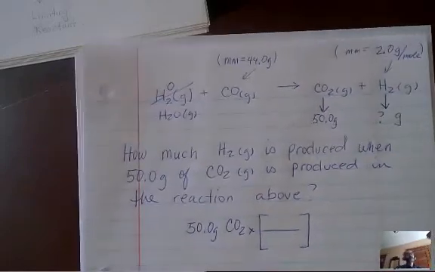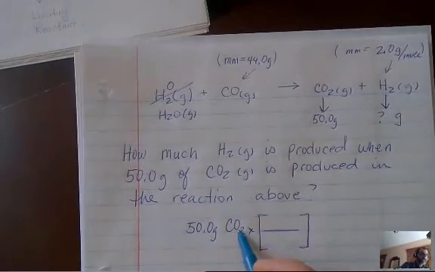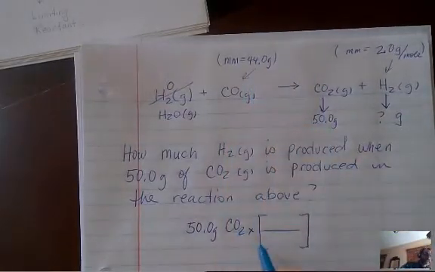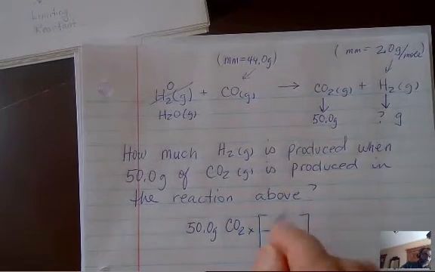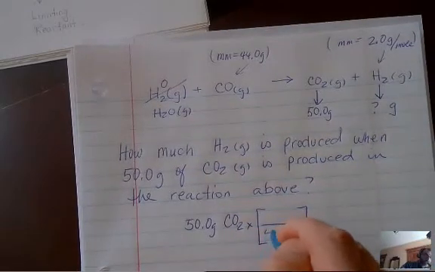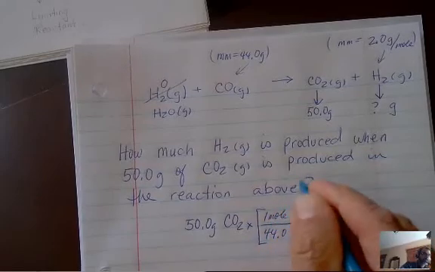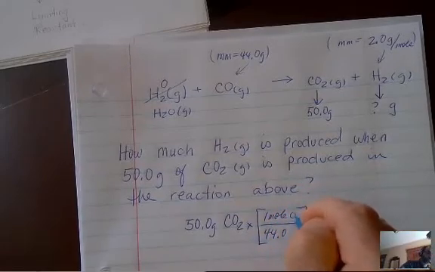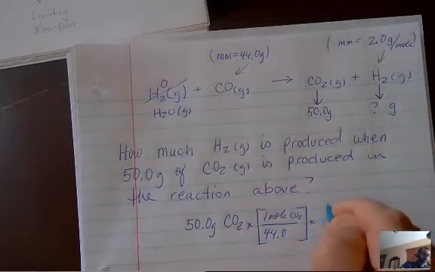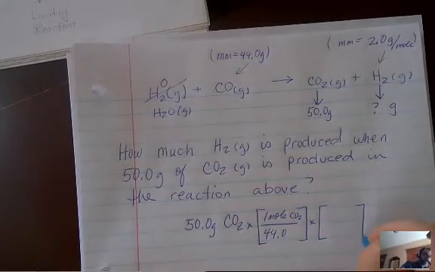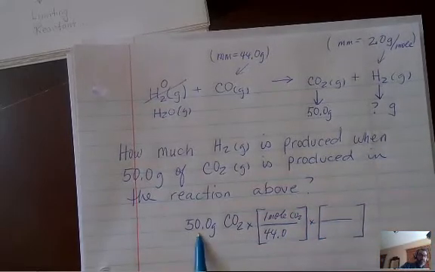All right, so which one am I going to use first? They gave me carbon dioxide. To get from grams to moles, I always divide. This is 44 grams make 1 mole. And who's that for? Carbon dioxide. Okay, what's the step in the middle? I take grams, I get to moles by dividing by the molar mass, then I look at the balanced chemical equation.